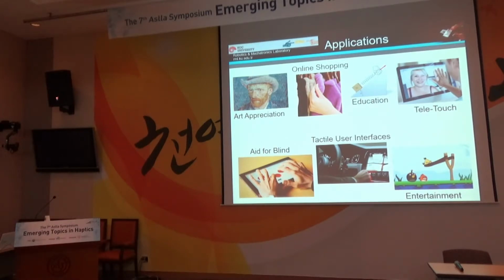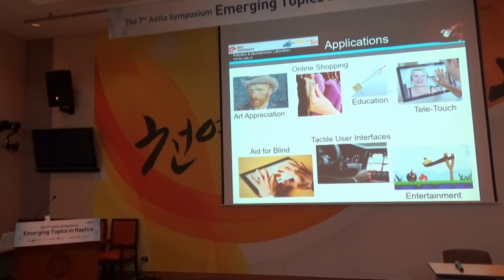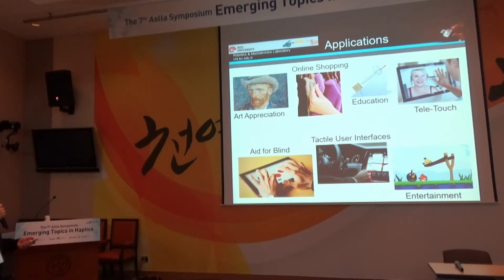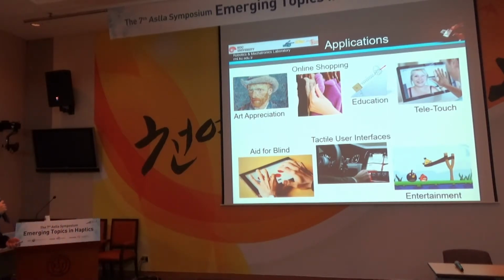Maybe in the future, we're not going to just select the size and the color of the clothing that we're buying online, but we will also choose based on their textures, especially if you can add the feeling of softness. Currently, we can simulate the feeling of roughness, but if you can add the feeling of softness, then I think online shopping could be a very nice application for this technology.